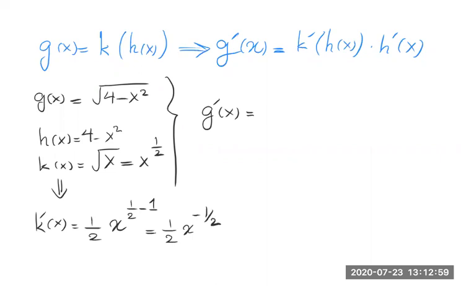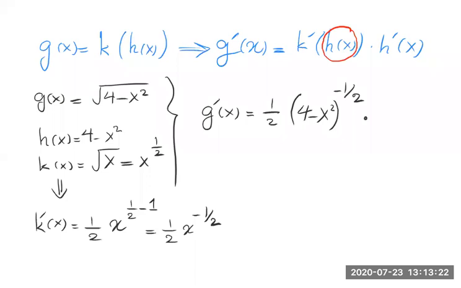That's k prime. But note that rather than x, we have h of x here. So we should write h of x, which is 4 minus x squared, times h prime of x.